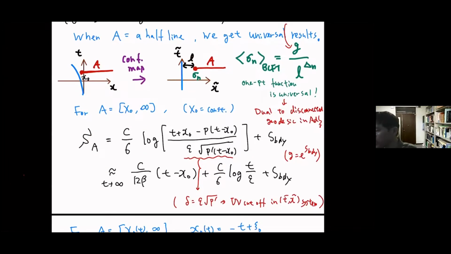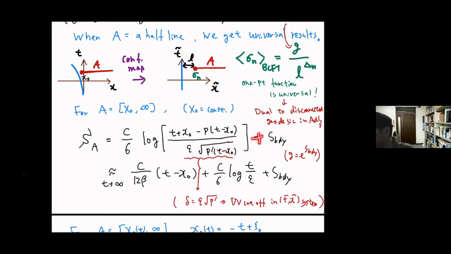And this is just x plus this part, just the length L. The epsilon is the cutoff scale, but there is an extra factor because of this combination. This derivative of the conformal map is precisely the cutoff scale in this coordinate. Delta is the cutoff scale, but the cutoff scale in the original coordinate, epsilon, is different and differs by this factor.